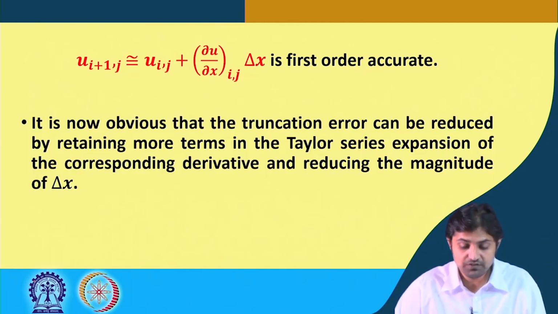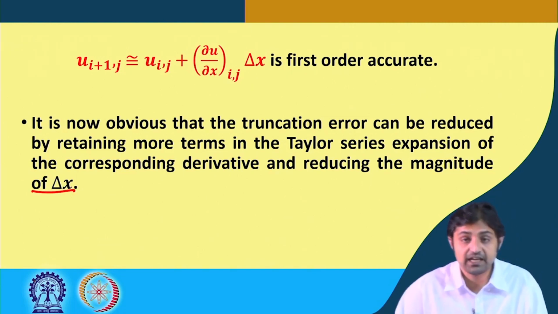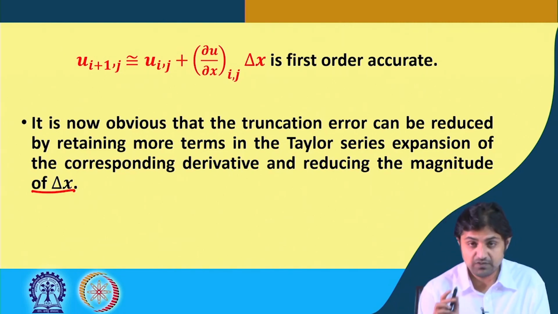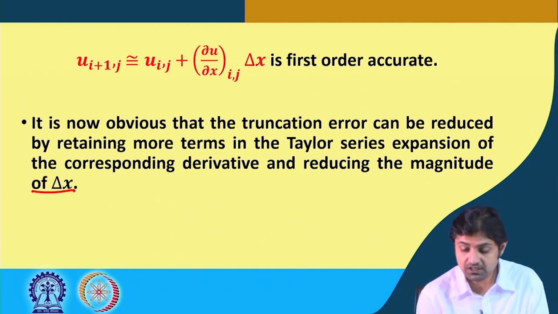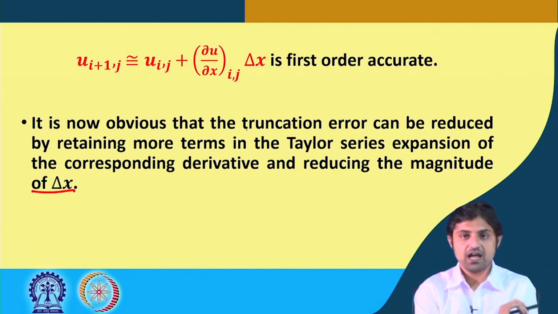It is now obvious that the truncation error can be reduced by retaining more terms in the Taylor series expansion of the corresponding derivative and reducing the magnitude of delta x. One important thing to note here is that there is a truncation error. The full value will be the exact and perfect value, but we have decided to truncate some of those terms. Truncate means leave out those terms.